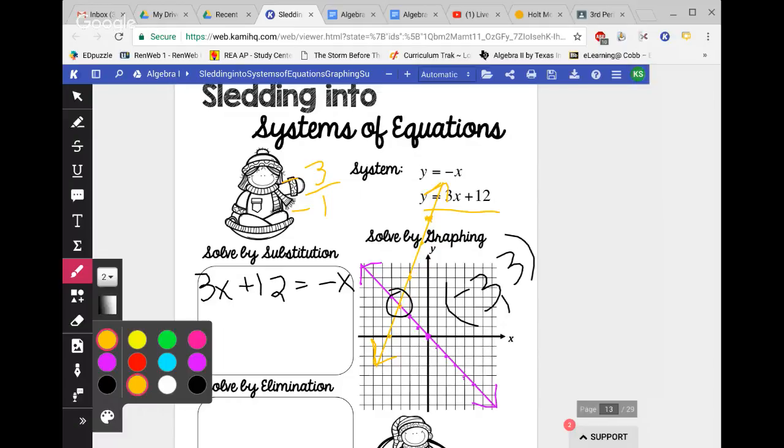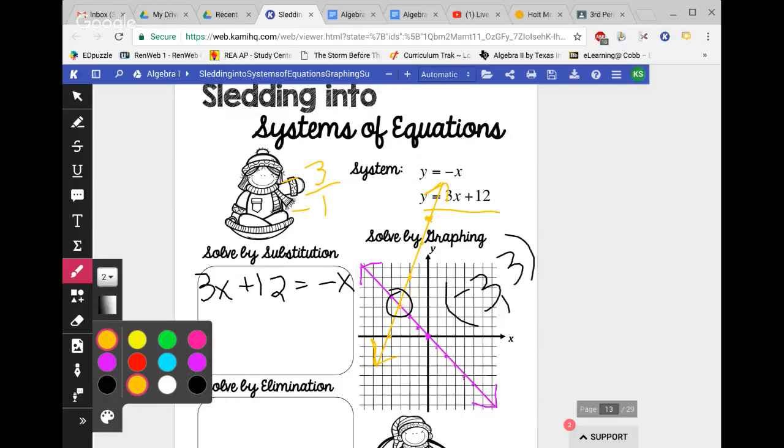And oftentimes, to be perfectly honest with you, if I would have looked at this one first and saw that the y-intercept was 12, I probably would have used substitution first and found what I anticipated the ordered pair to be. And you can actually use the slope to go anywhere on that line.